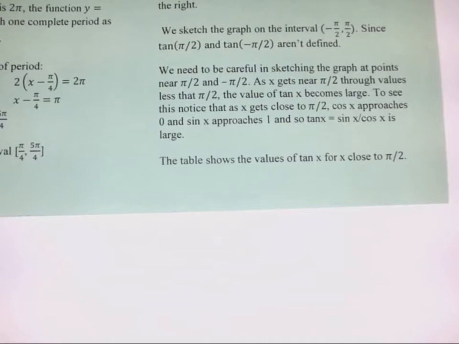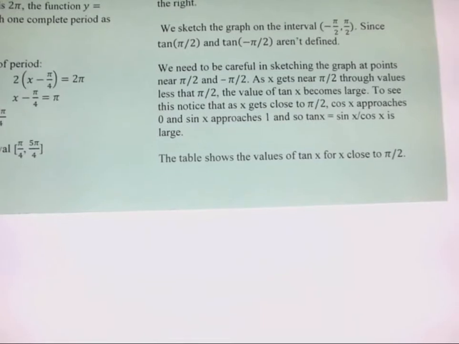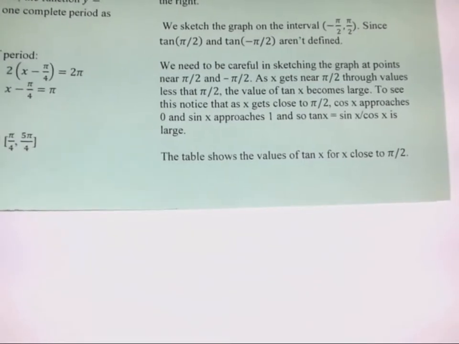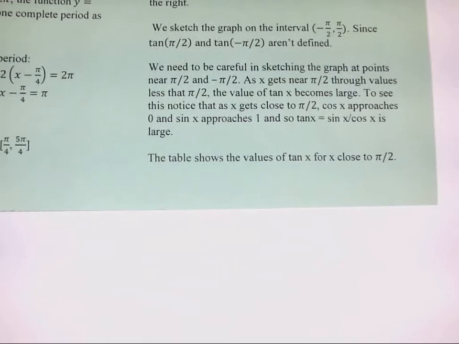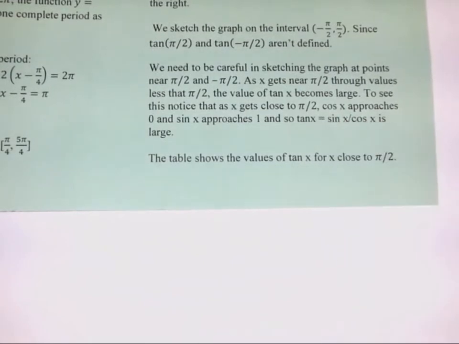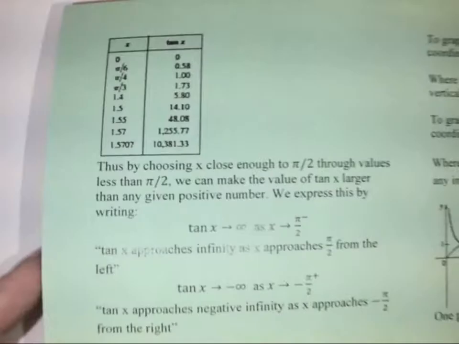We're going to notice this as it gets closer. Cosine approaches 0, so it gets really small, and sine approaches 1. So that sine over cosine, something that's close to 1 divided by something that's close to 0, is going to get large. And we can see this in a table of those values.